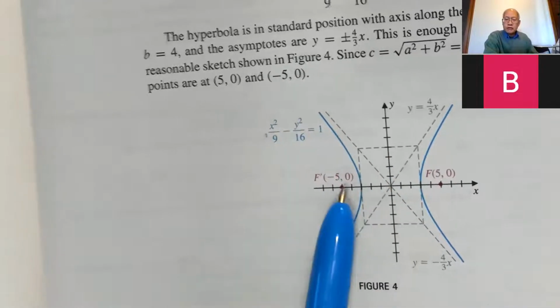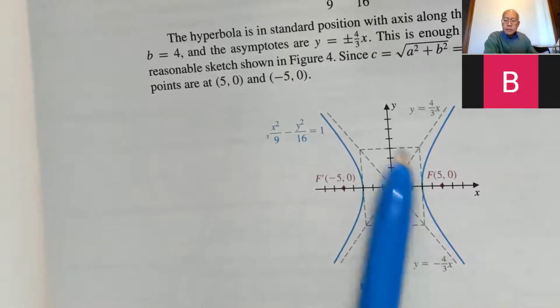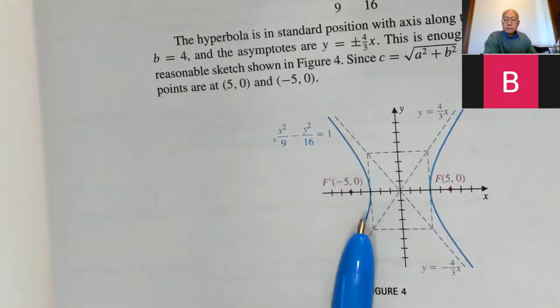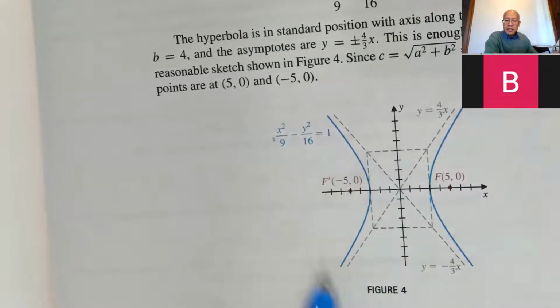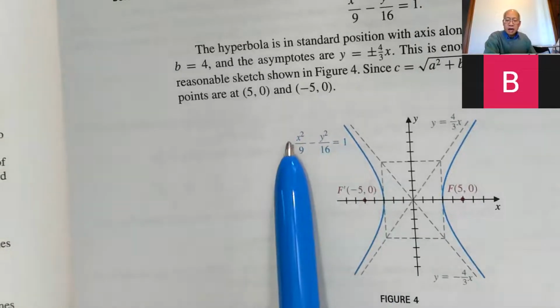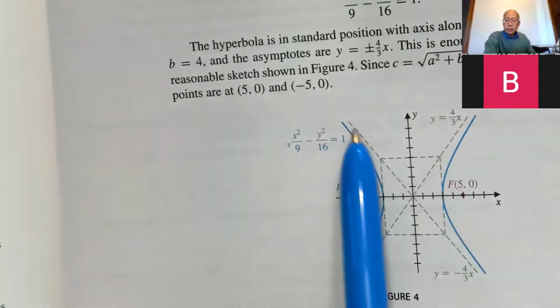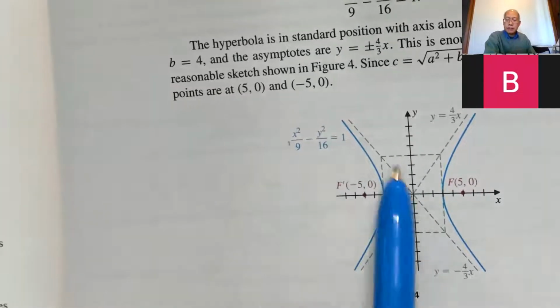If this was a plus, you would just go like that, but it's not. So instead, we draw a box, connect the diagonals, and they're my asymptotes. Since x is positive, it's going to open this way. If y were positive, it would go up and down.